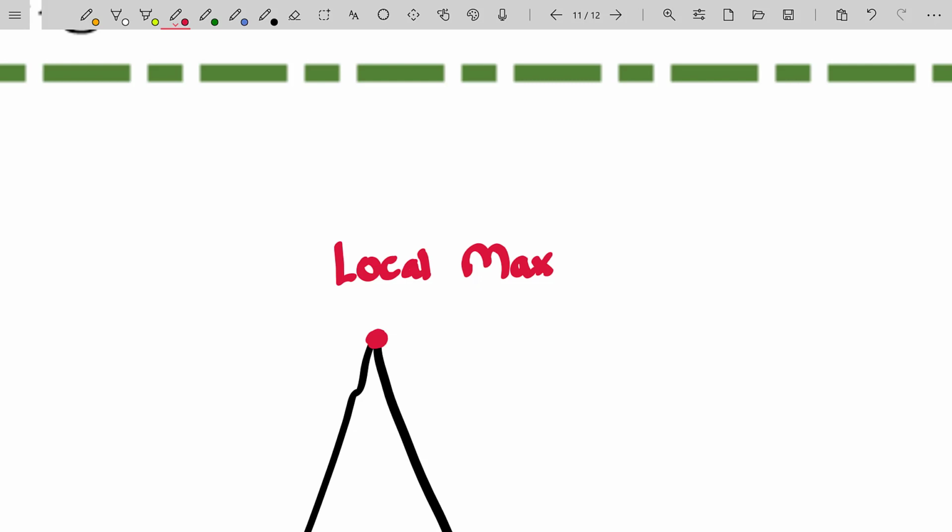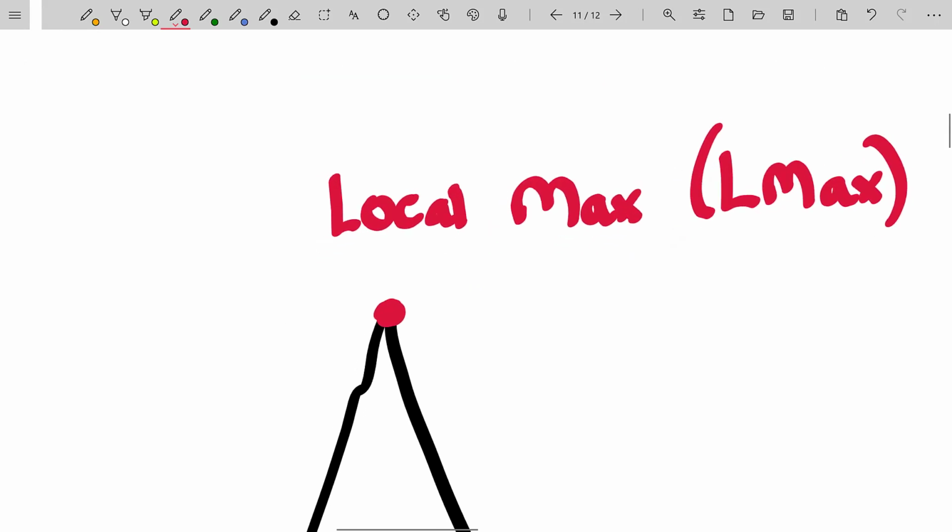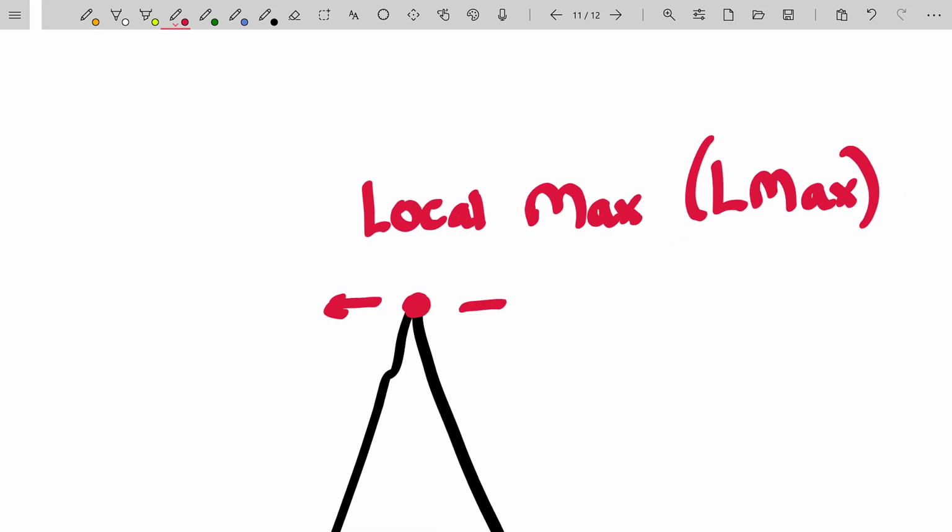Shorthanded, that's just local max. And in fact, I often write that as L max. It's called local because if you look to the left and to the right, the function both exists on either side of it. That's pretty important, actually. And the function drops on either side of that point. So locally, that is the highest point.